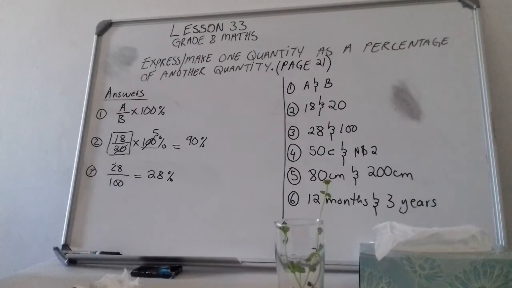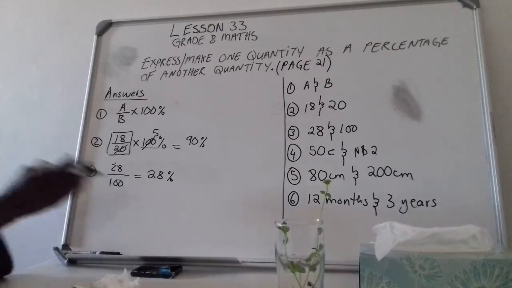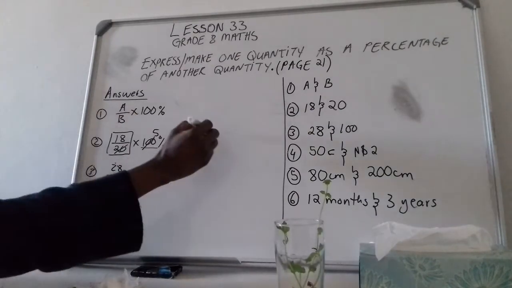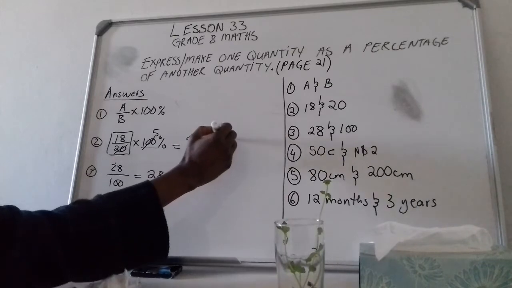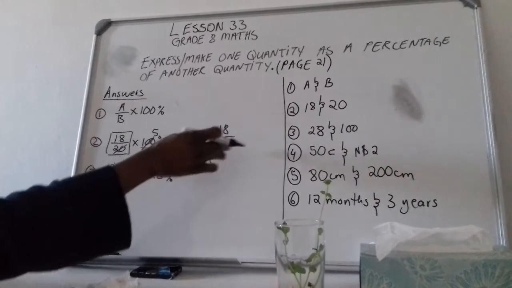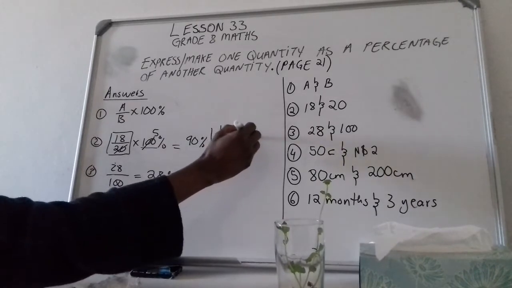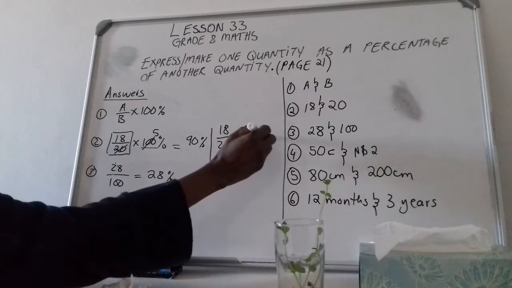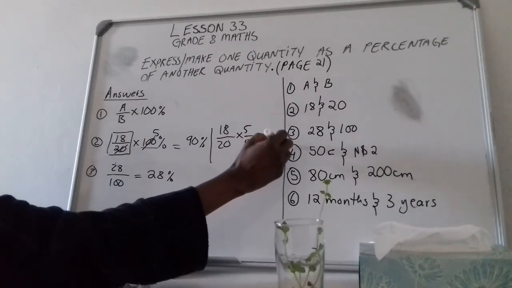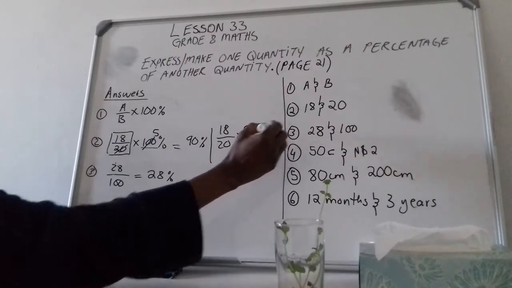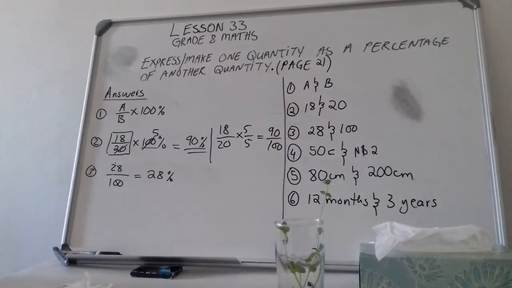It's very simple, because the denominator is already 100. We can also do the same thing here with 18 over 20. We want to write this as a percentage, so we multiply it by 5 over 5. Why 5 over 5? Because 20 times 5 will give us 100, and 18 times 5 will give us 90. So that's why the answer is 90%.